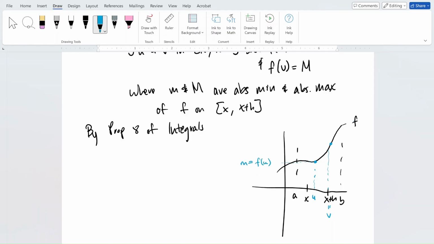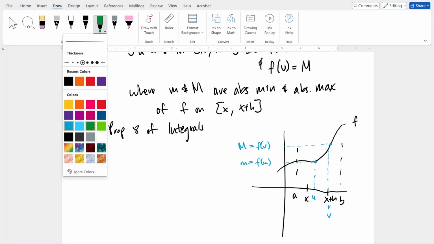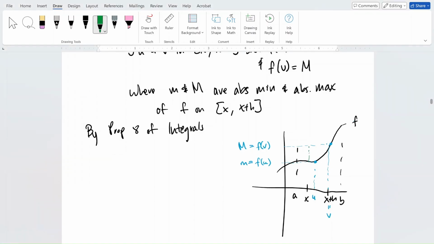This v right here, f of v, is defined as my capital M. So these are the largest and smallest values possible within this green region that I'm outlining for you. Okay?